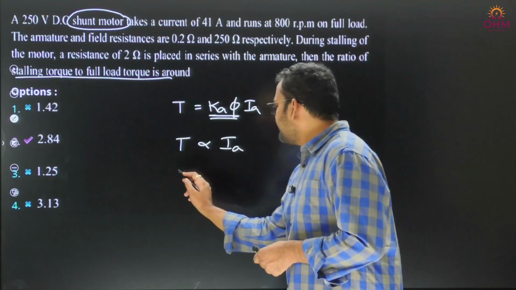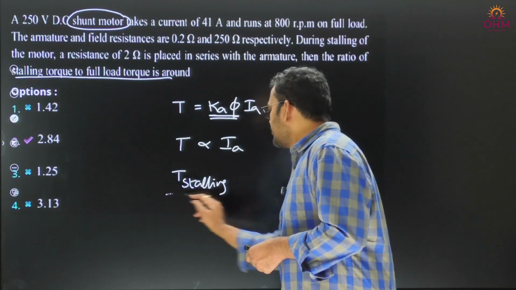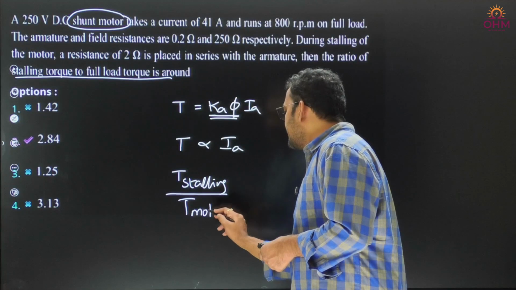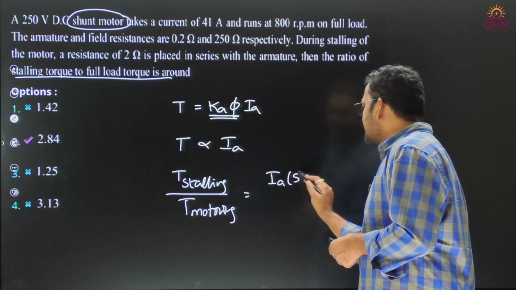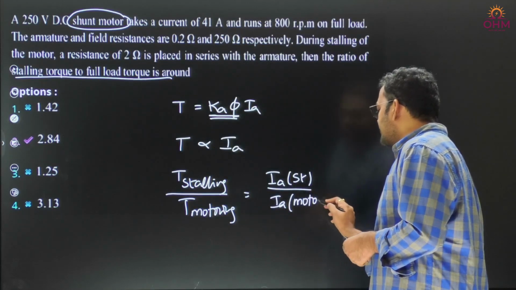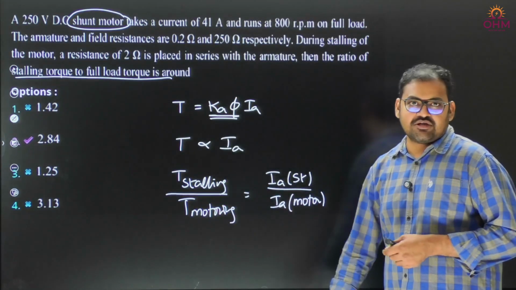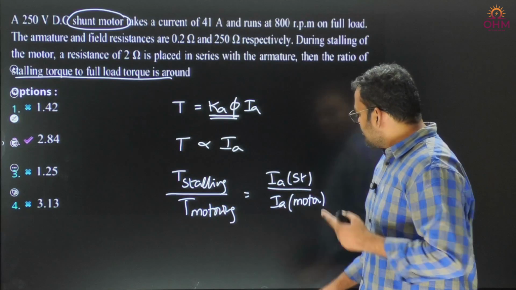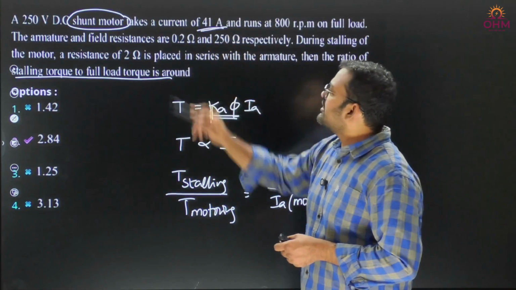So the ratio of stalling torque to motoring or full load torque is indirectly the ratio of stalling armature current to motoring armature current. If I know these two currents, I can find the ratio. First I'll find the motoring current, because the motoring details are already given.